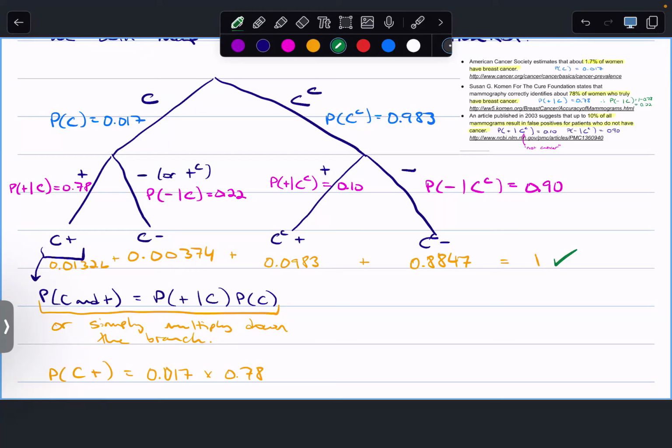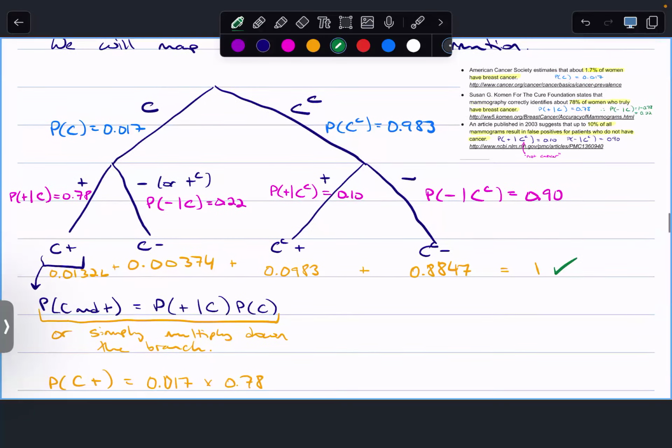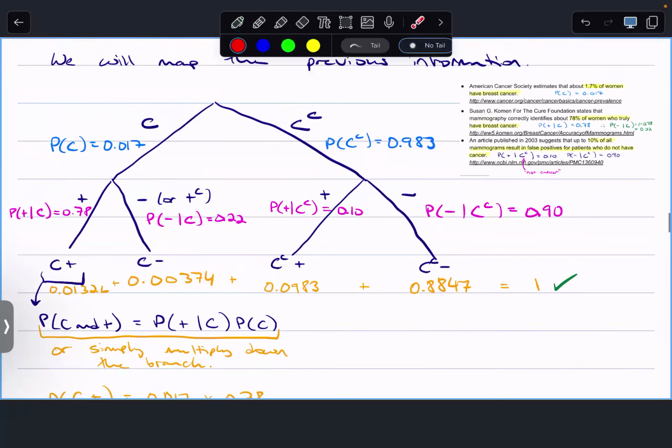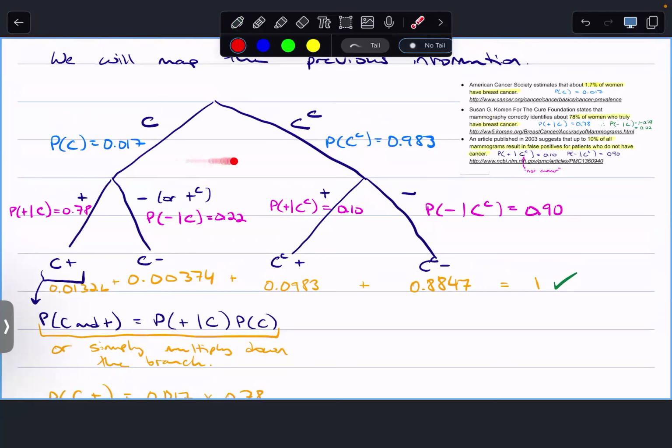So that's how I can double check that all my numbers work. Good. Notice that these branches add to 1, these branches add to 1, and these branches add to 1. Or those probabilities, rather.